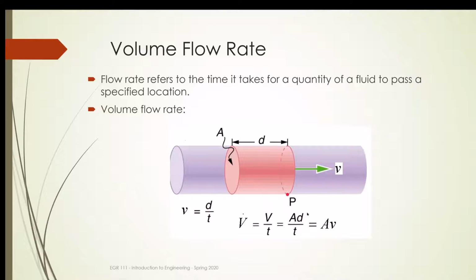And that's really what you're doing, and that's why it's the velocity times this area at the end. So it's just the cross-sectional area, and how fast it travels gives you the volume flow rate, okay?